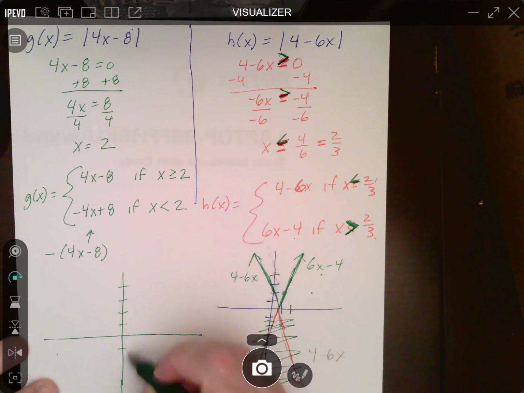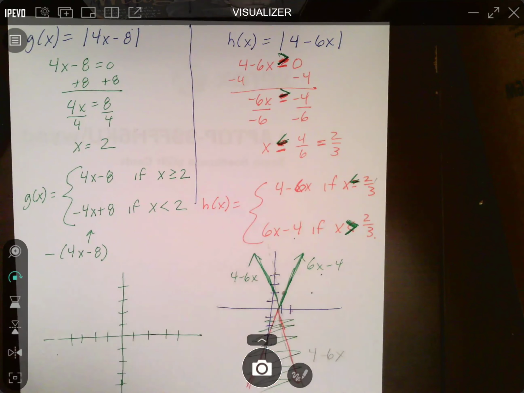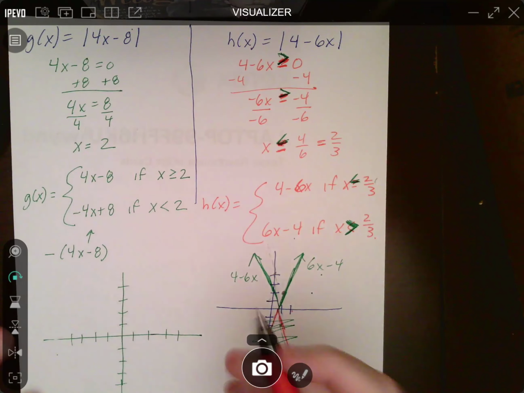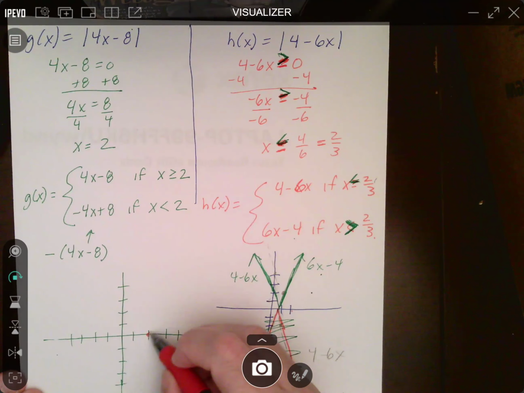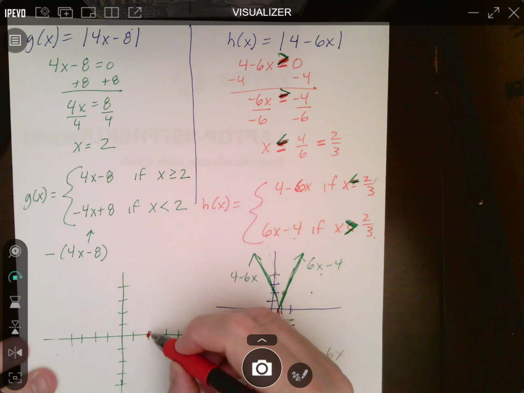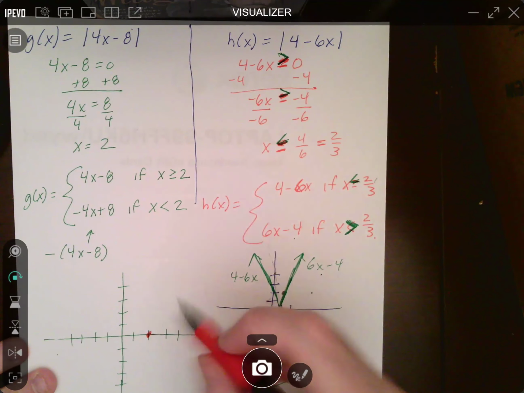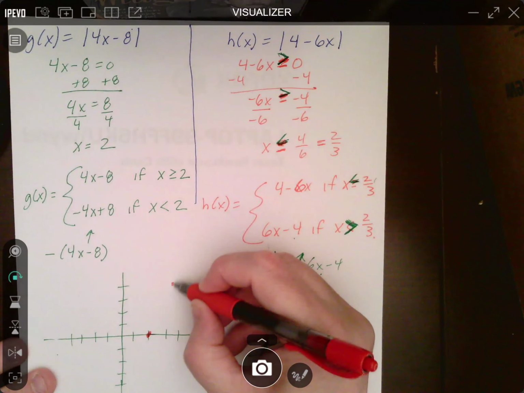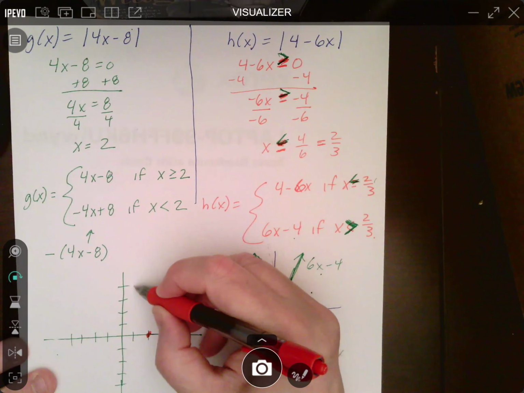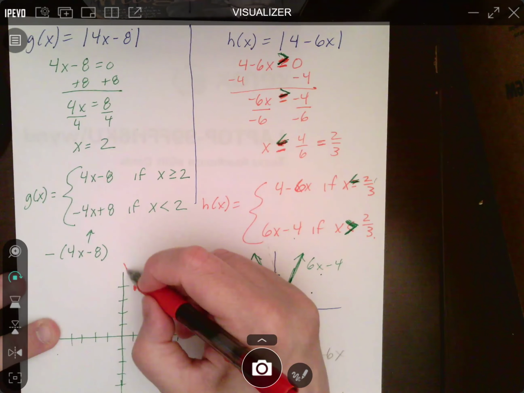So these are in steps of 2. x equals 2 is the center of the graph. And it's going to do 4x minus 8, which is a rise of 4 over a run of 1, or a rise of 8 over a run of 2. So we're going to have that.